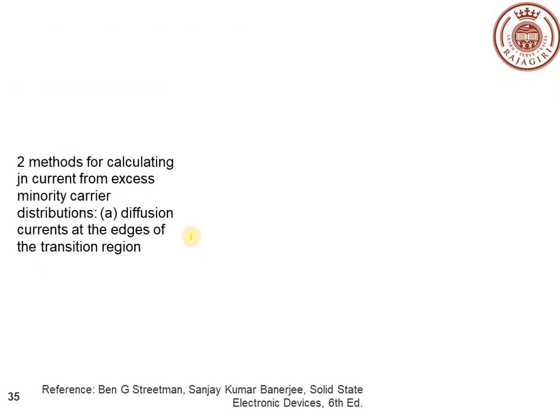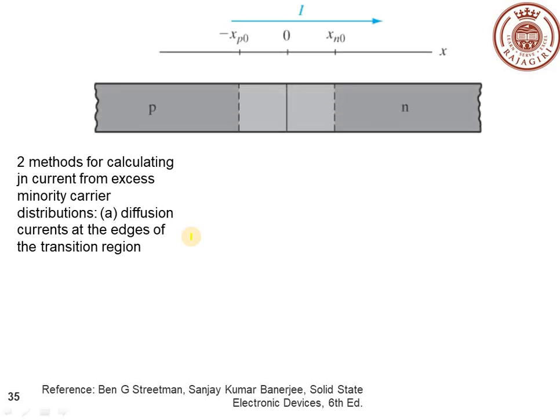So there are two methods for calculating the junction current from the excess minority carrier distribution. The first method we have seen, which is diffusion, comes at the edges of the transition region. That means we have a transition region of width W, whose edges are Xn0 and minus Xp0.